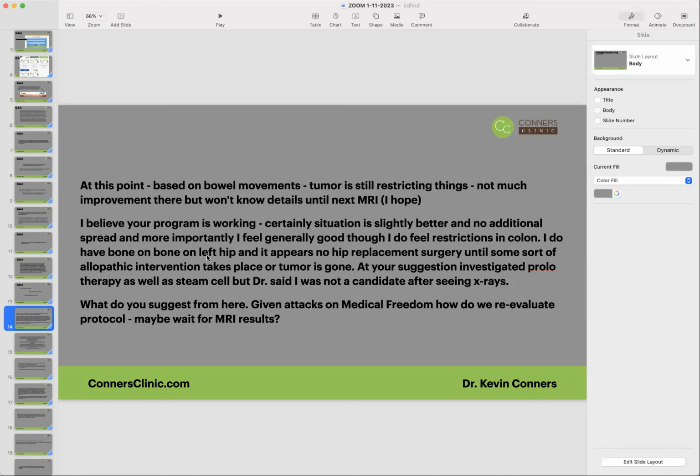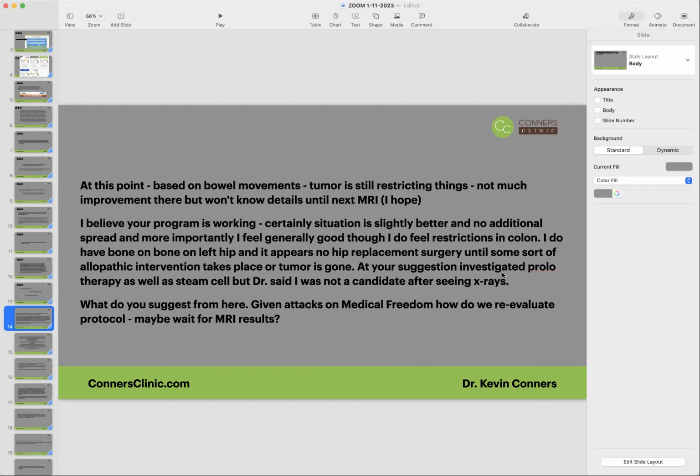I do have bone on bone in my left hip. That is not related to the cancer. And it appears that no hip replacement surgery will be appropriate until some sort of allopathic intervention takes place or the tumor is gone. So I think this person is being restricted from any type of hip replacement surgery until he agrees to do colon surgery or something. I think that's the situation.